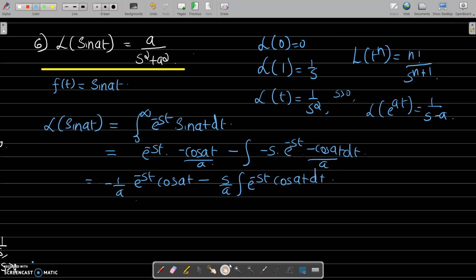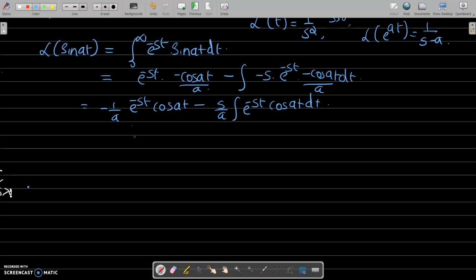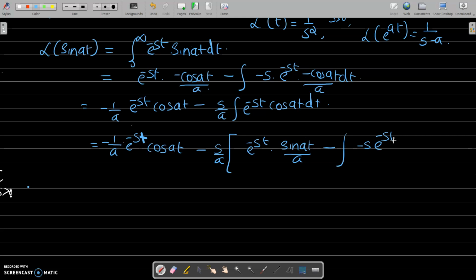Okay, so again we can integrate this as this is equal to minus 1 by a e raised to minus st into cos at, minus s by a into integral of this one is e raised to minus st into integral of this one is sin at divided by a, minus again the derivative, integral of minus s into e raised to minus st into sin at by a dt.